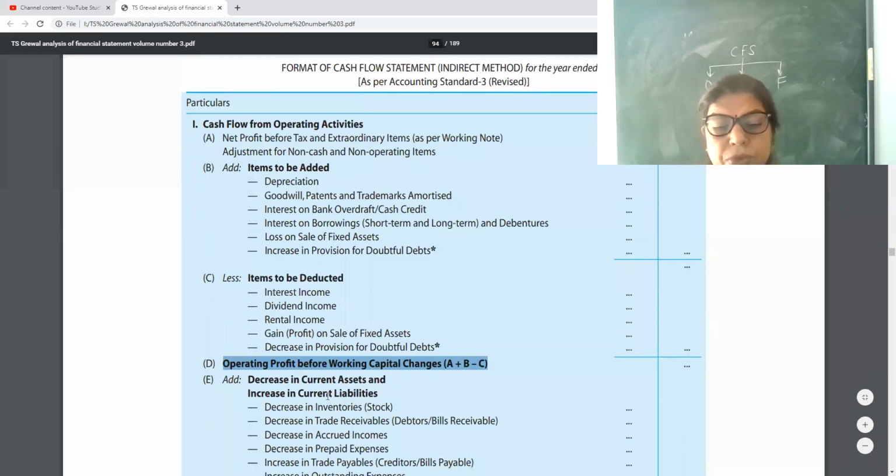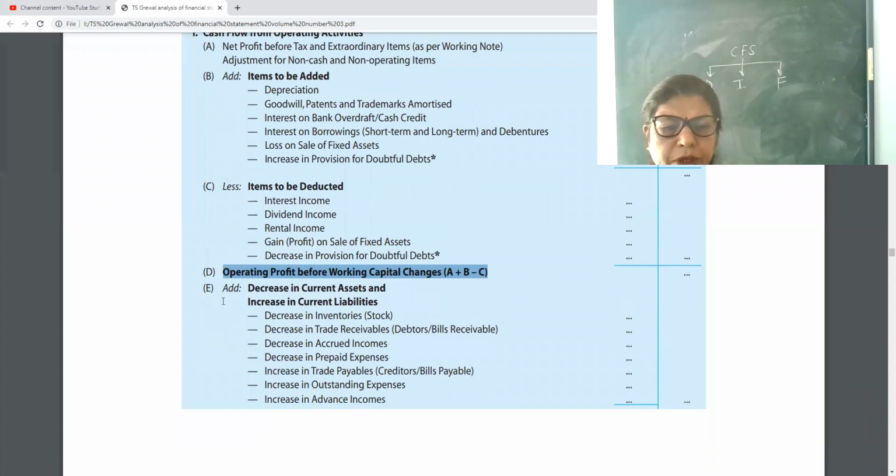Now, we will do the adjustment of working capital. Working capital means CA minus CL. So for working capital changes, you can learn a very simple word, that is DCA, ICL: decrease in current asset and increase in current liability. And you know about the current assets, inventory, trade receivable, and the current liabilities also, trade payables.